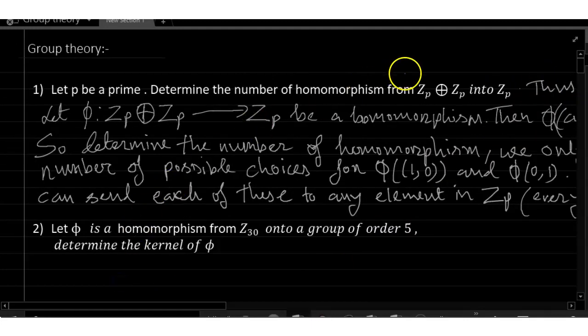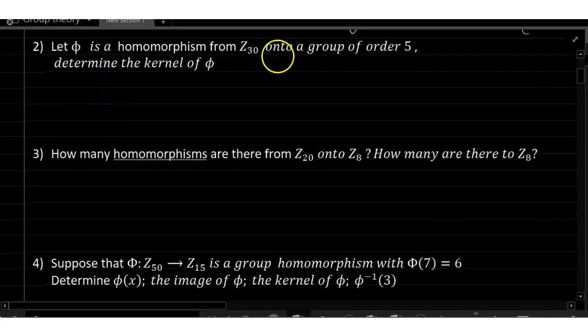Next question: determine the homomorphisms phi from Z30 onto a group of order 5.